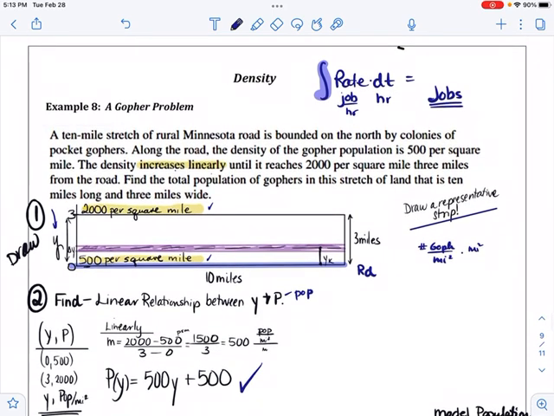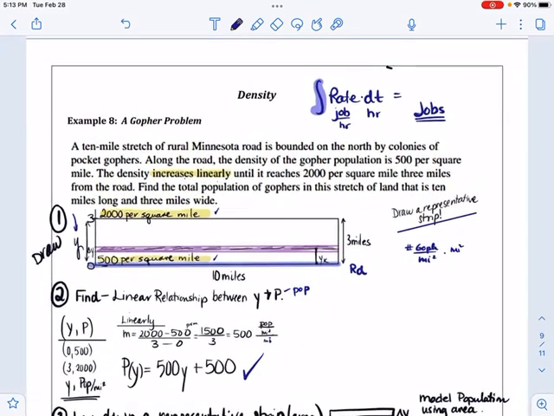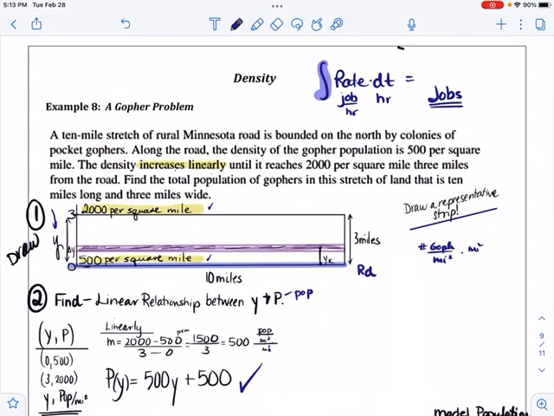The slope itself would be population per mile, population per mile cubed, if you will, but we don't even want to look at that. Okay, so we've got our y and p units there.